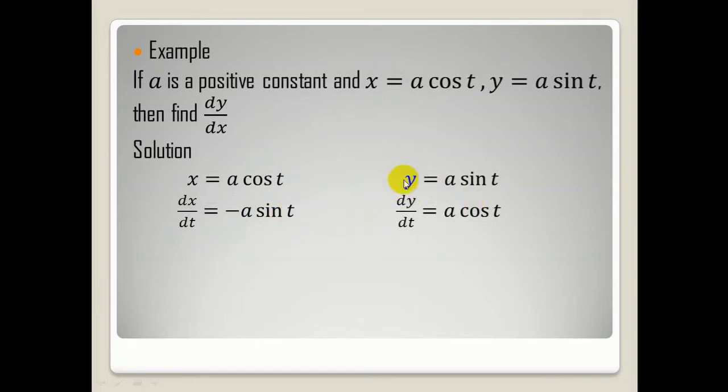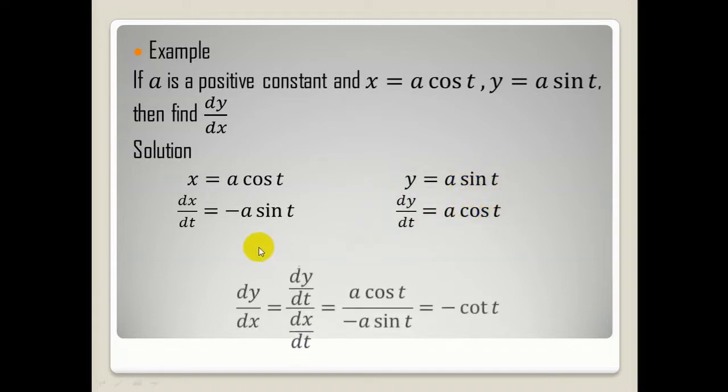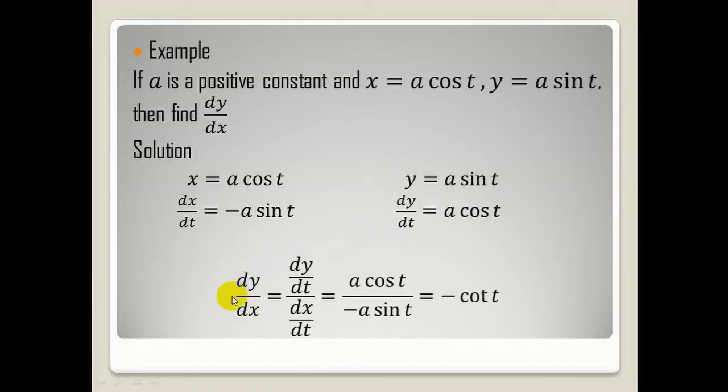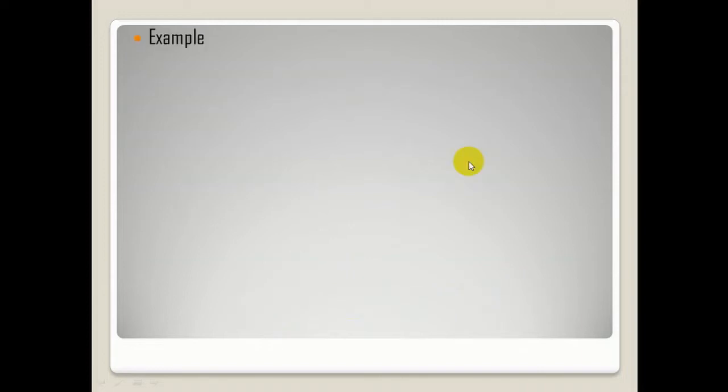And then y differentiated with respect to t, dy over dt: the derivative of sin is cos, so a cosine t. So dy over dx is equal to dy over dt over dx over dt. You can cancel dt and dt, so the result is the same as dy over dx. You can cancel a from here. Cosine over sine becomes cotangent t. So the result will be minus cotangent t. Example.